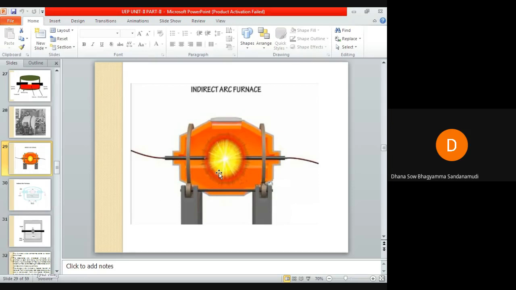When the arc is struck, heat is produced due to the arc across the air gap of these electrodes.